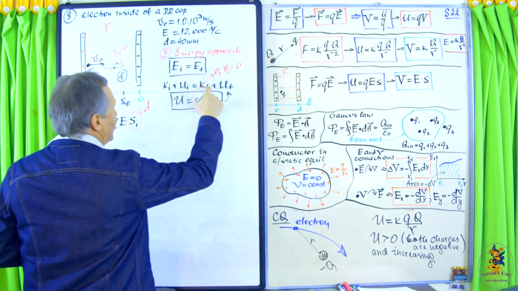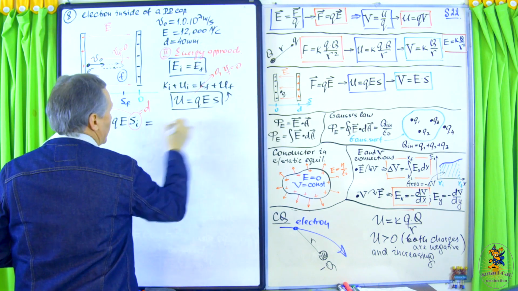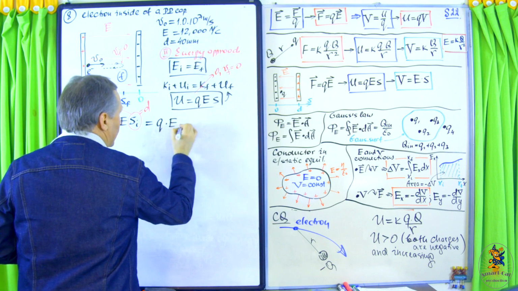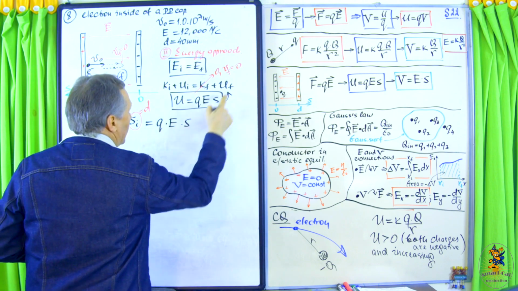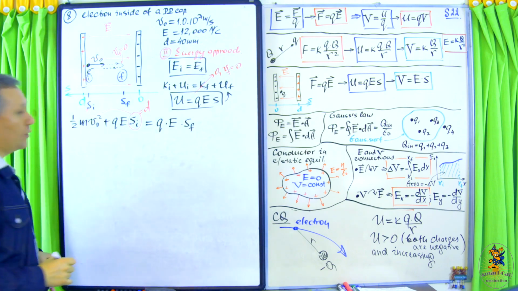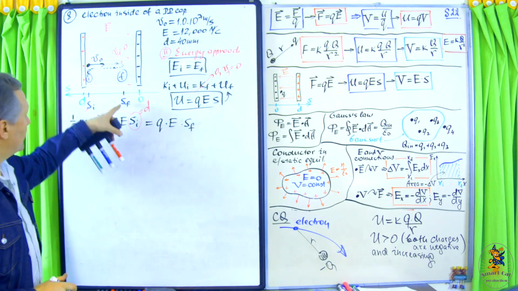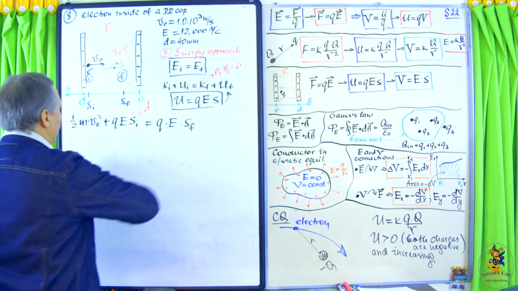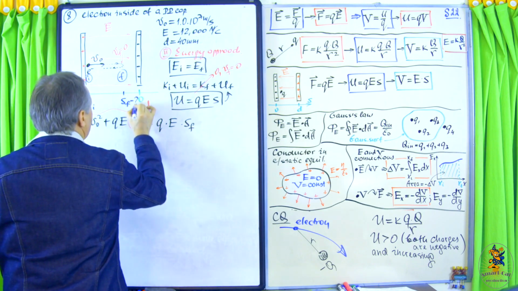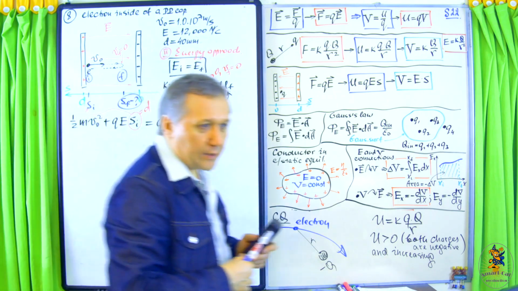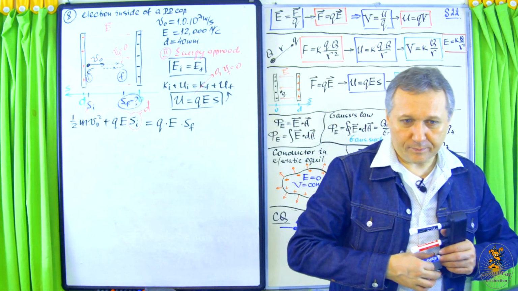So now this is 0, and it must be equal to the final potential energy. Again, Q, the value of the electric field, and now S final. And the value of S final, that's what we need to find. S final is effectively our question. We just need to find the point where the electron turns around, the turning point.